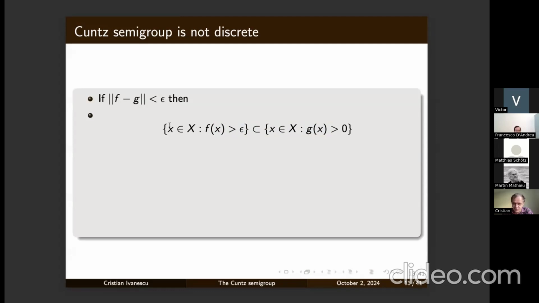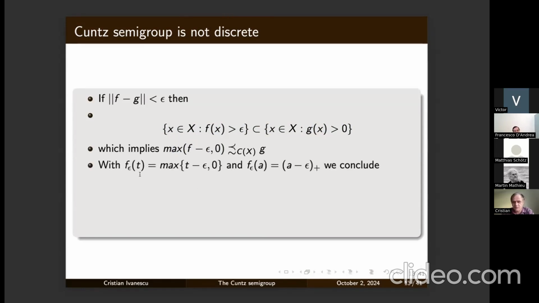So this is an inclusion which is useful because now I can subtract epsilon, and since I want positive elements, I take the maximum between F minus epsilon and 0. And then this element is going to be Cuntz less than G. So in other words, a perturbation of F is going to be less than G. I cannot get my original F, but something close, a perturbation of F, has this property.